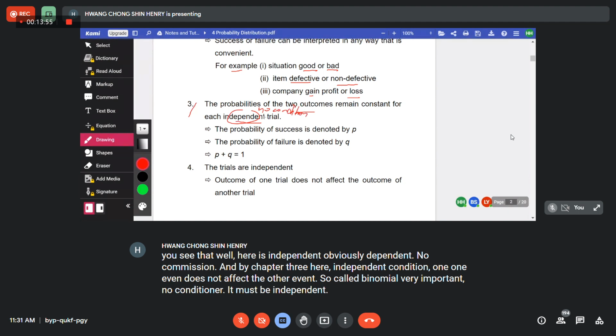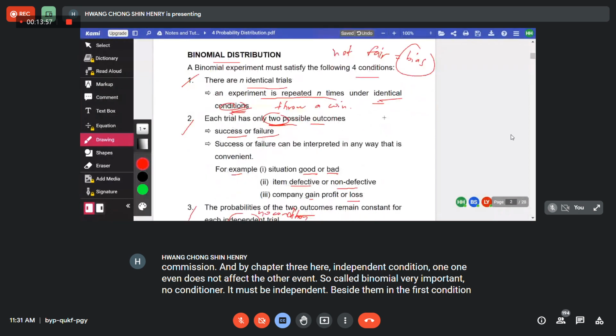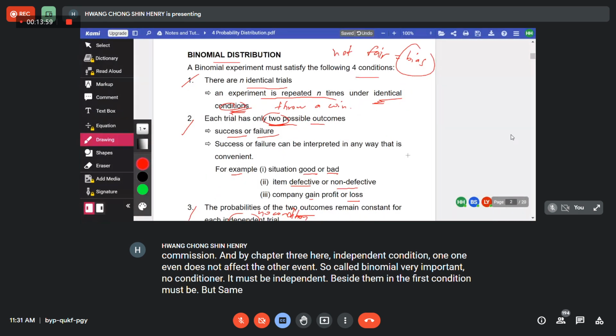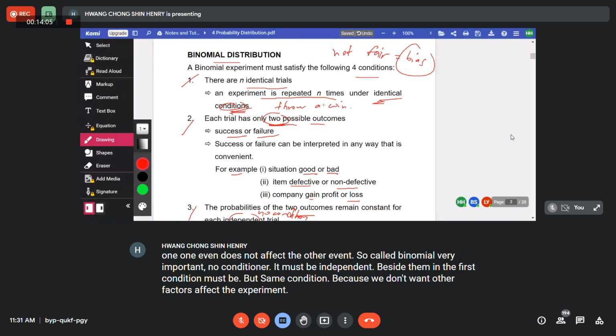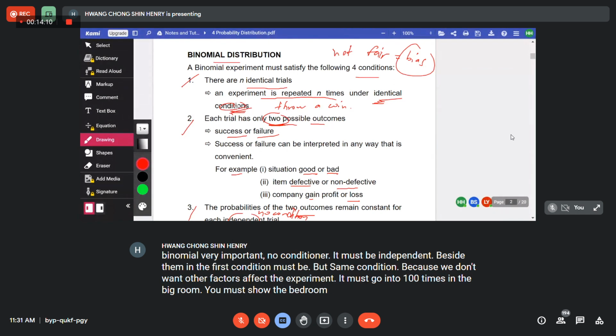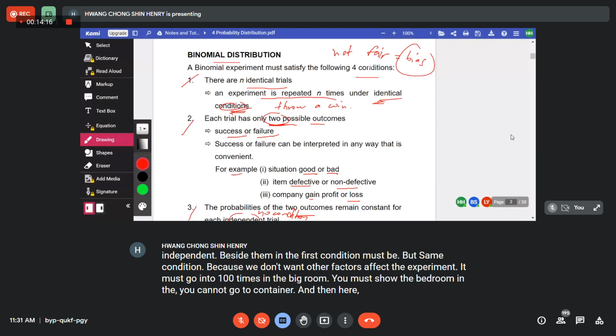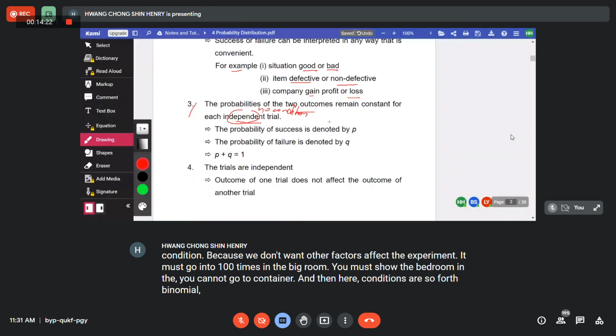That's why I say the first condition must be what? Same condition. Because we don't want other factors to affect the experiment. If you throw 100 times in the bedroom, you must throw in the bedroom. You cannot go to the canteen, then the toilet, then here and there, cannot. Because the conditions are affected. So for binomial, it must be independent.